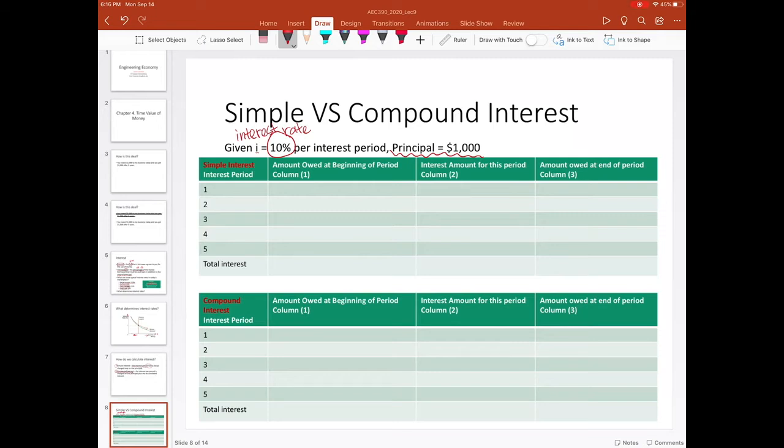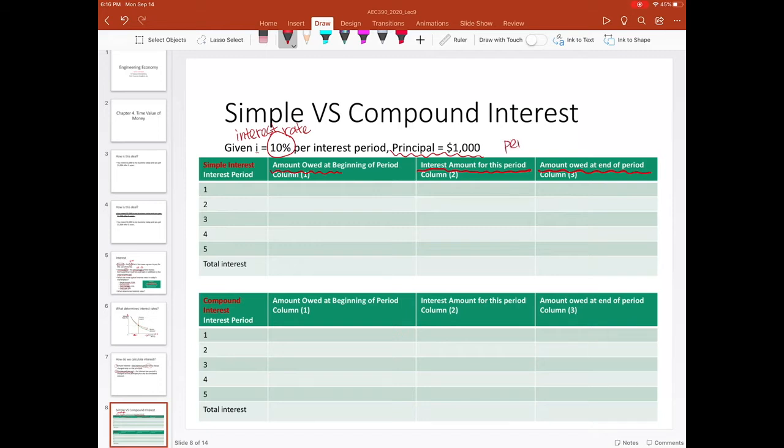And then we want to manually fill up this form to see what is the amount owed at the beginning of each period, what is the interest amount for that period, and what is the amount owed at the end of that period.